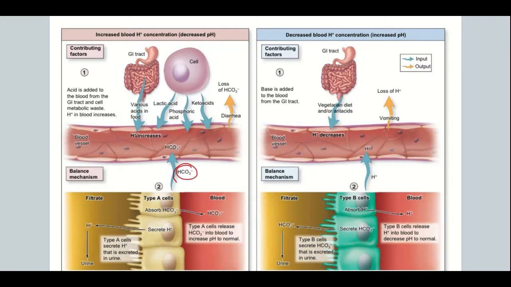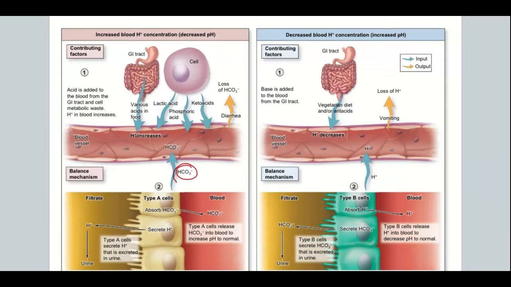The output of acid and base would also affect your pH. Respiratory rate as well as tidal volume. So the respiratory system is going to have an effect on acid-base balance as well. And then chemical buffers, buffers are kind of like sponges for acid or base.